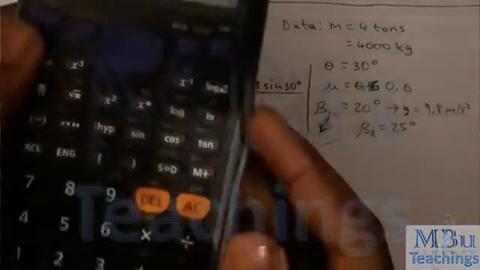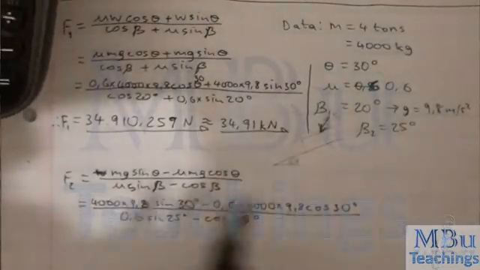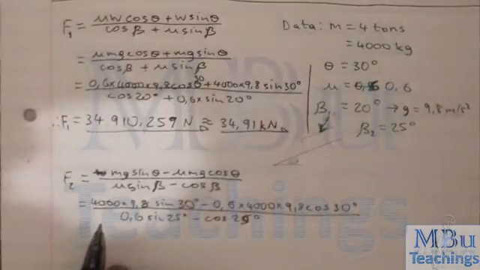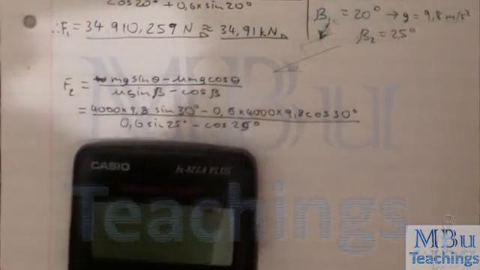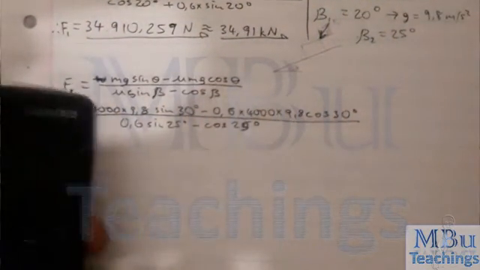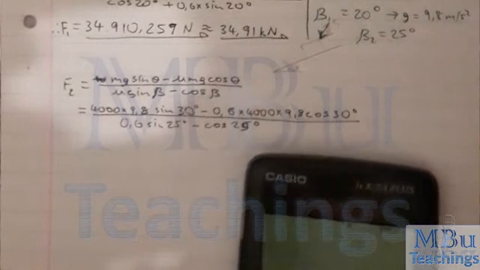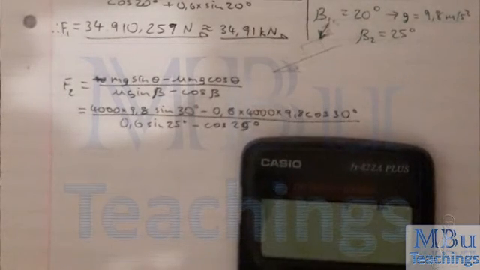Let's go to our calculator. We have 4,000. Okay guys, you won't see the calculator this time. Let me try to show you.